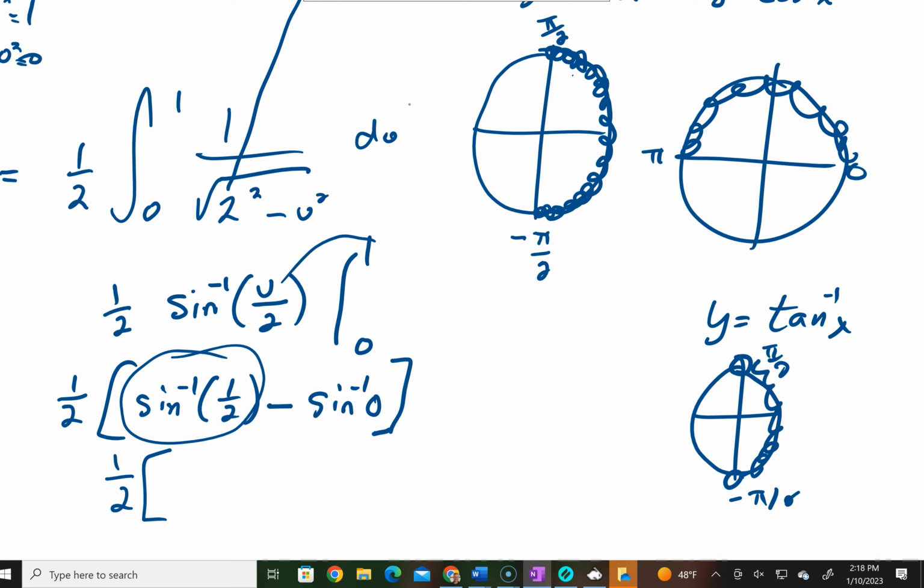The sine of pi over 6. Yes. Or 30 degrees, but we'd have that in radians. And then what angle would have the sine equaling 0? 0. And your final answer would be pi over 12, half of pi over 6. Okay? So that's just some inverse trig review.